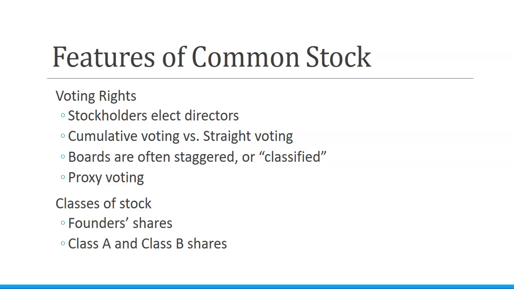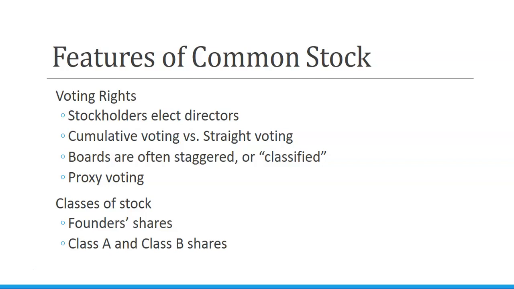Staggered elections mean that only a fraction of the board of directors is up at any given time. So instead of electing an entirely new board, in staggered elections, we might vote for only 20% of the board at any given time, and the board seats are rotating, so they don't all come due for replacement at the exact same time.